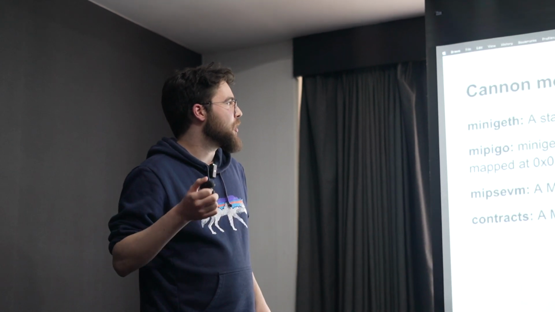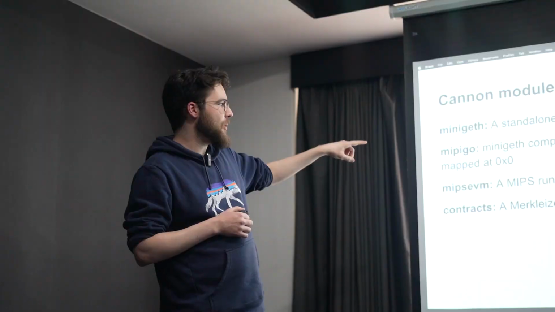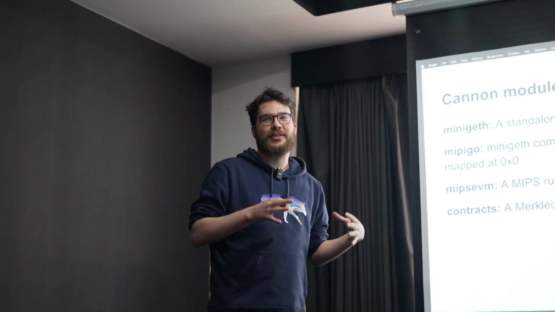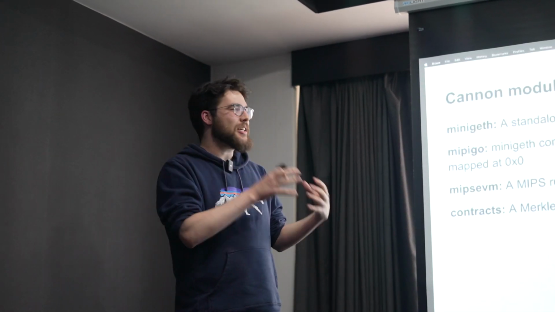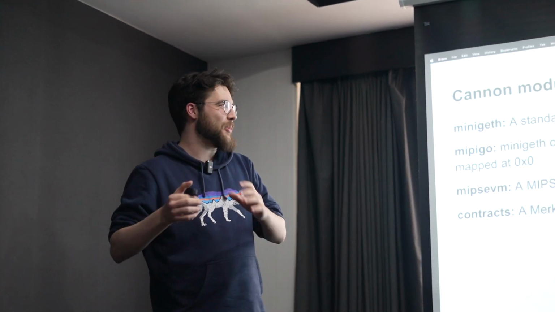So how do we do this? We have these modules. Minigaf: this is the classic cartridge, the thing that defines the layer 1 EVM. Now, since then, we have had variants of this thing, not complete yet, not layer 2 compatible yet. We have MIPI-Go. MIPI-Go is the heart of taking any Go program and slotting it into the MIPS machine.